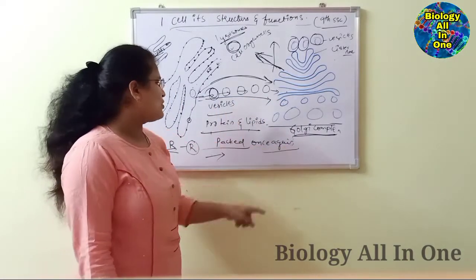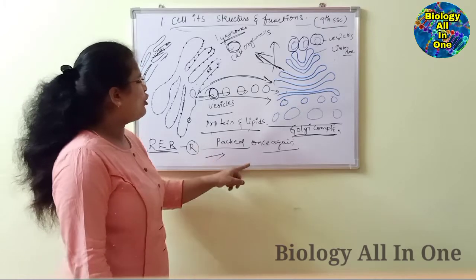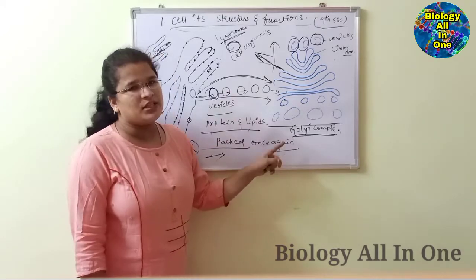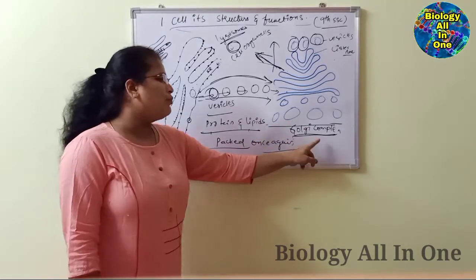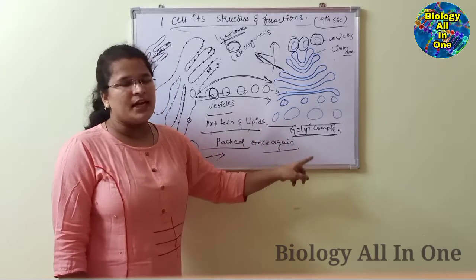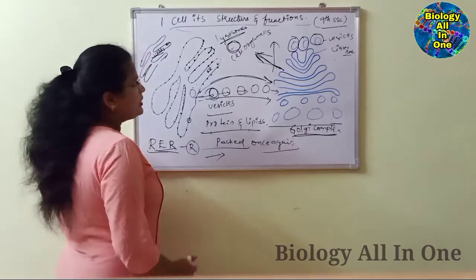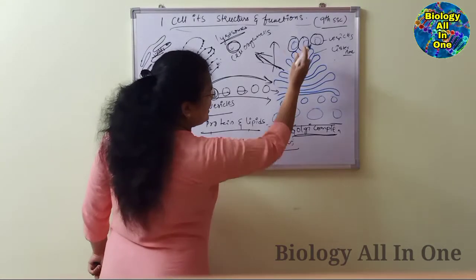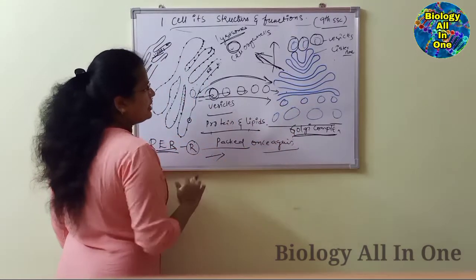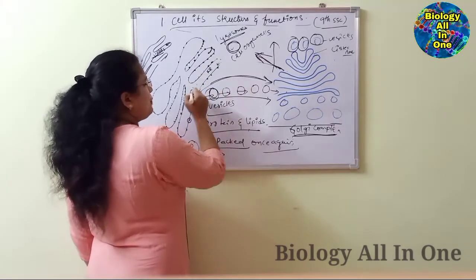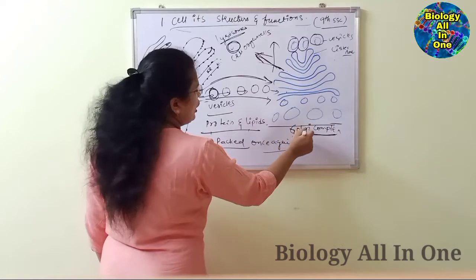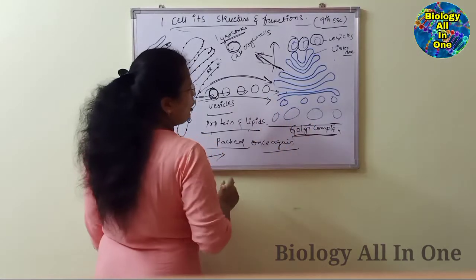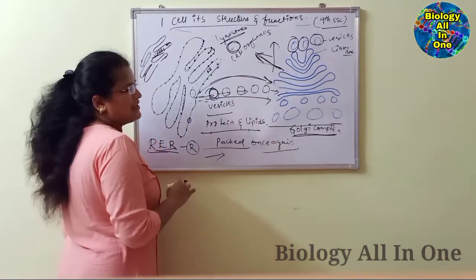This Golgi complex was discovered by the scientist Camillo Golgi in the year 1897, and the name was given in the year 1898. Whatever components are released in the form of vesicles will be pushed towards the Golgi complex. There the Golgi complex will pack the substance once again.